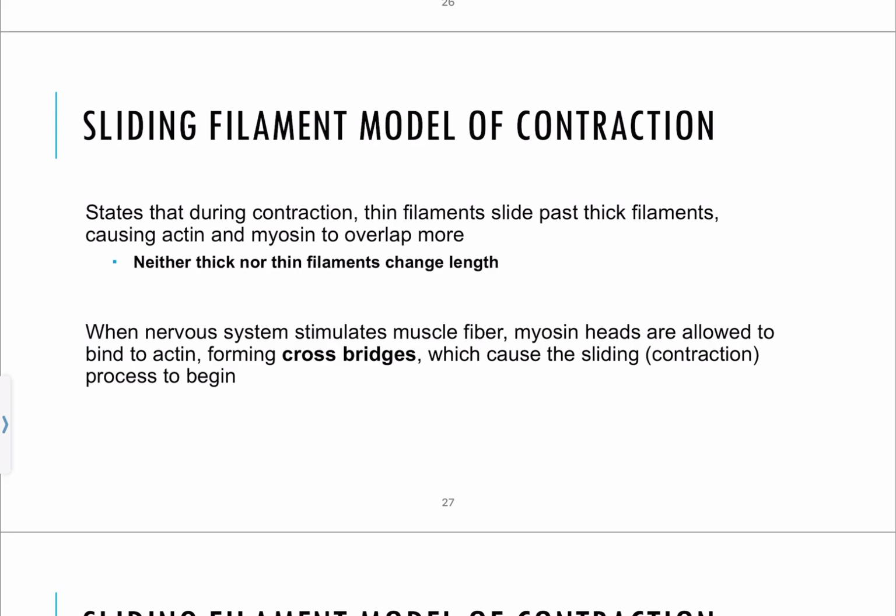But when we overlap them more, we are essentially shortening the muscle and contracting the muscle. So they don't actually change length, they just slide and overlap more on top of each other.